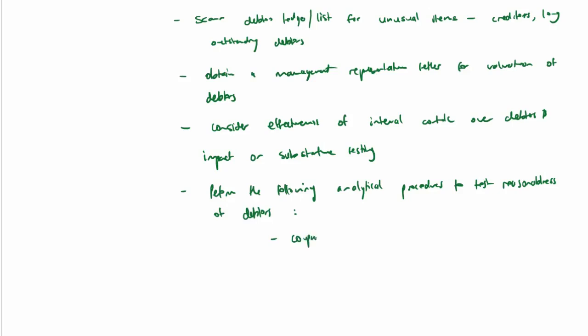Compare the prior year balance to the current year balance. Then I don't have to say why I'm doing it because I've already put the point above. I'm doing this for reasonableness.